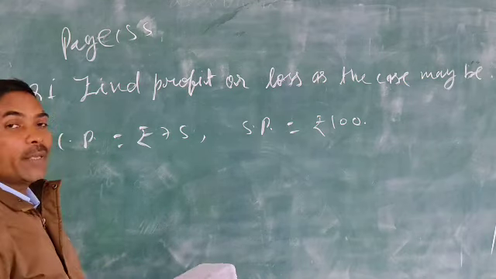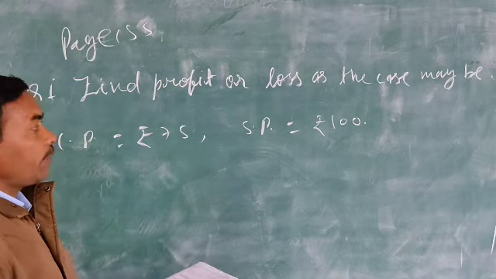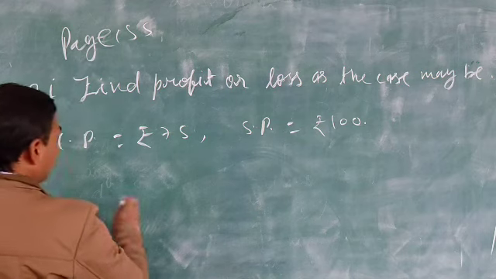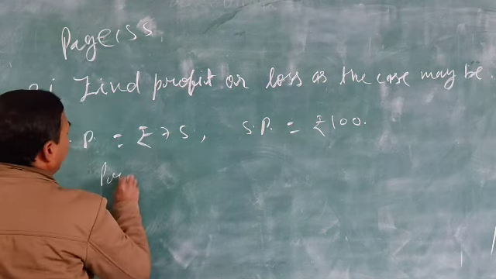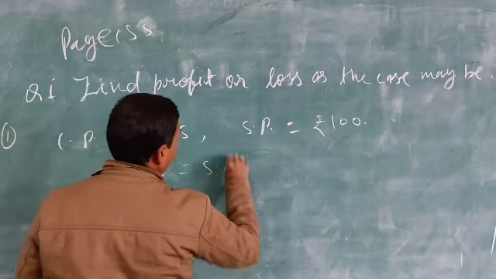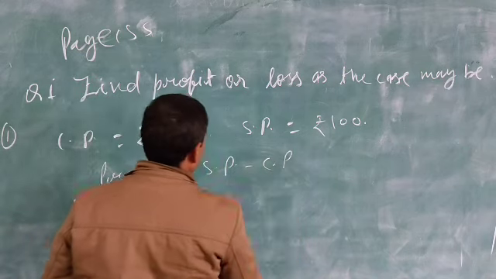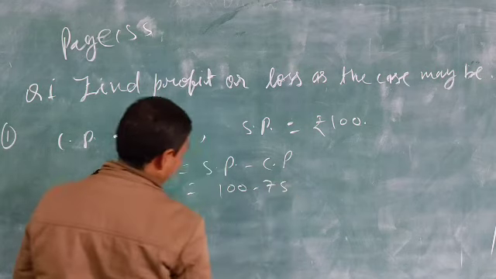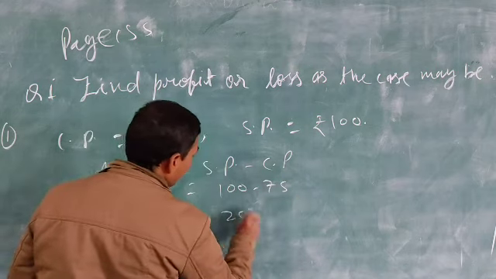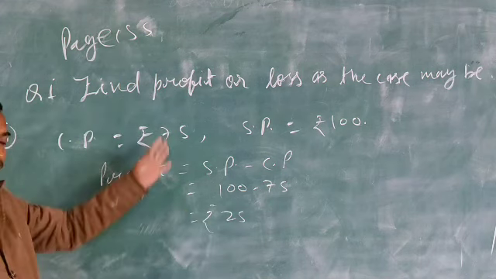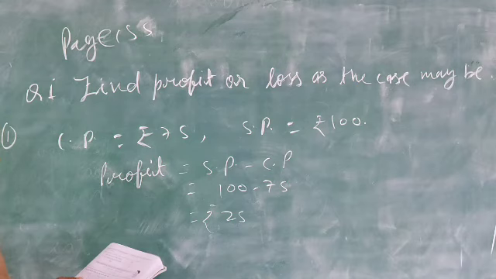So here there will be profit, and we obtain profit by subtracting the lesser amount from the greater amount. You can write SP minus CP. Selling price 100 rupees minus cost price 75 is 25 rupees. Here there will be a profit of 25 rupees.